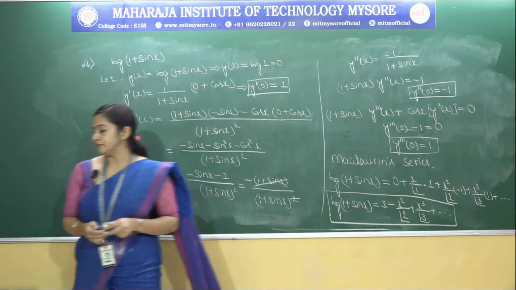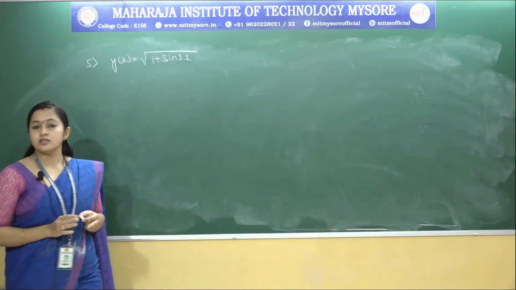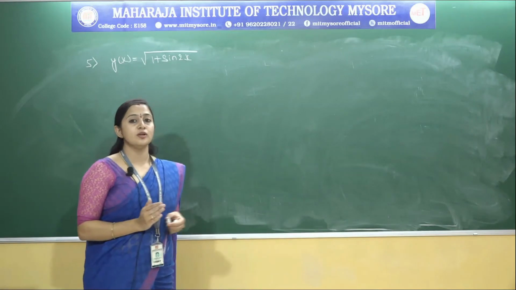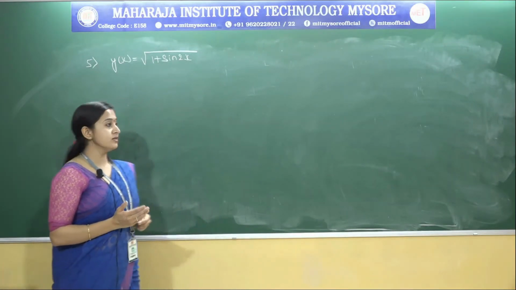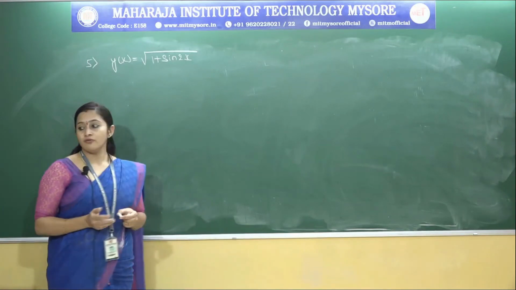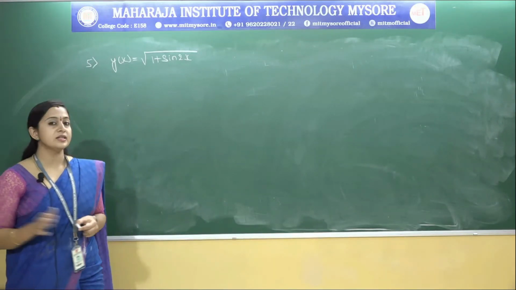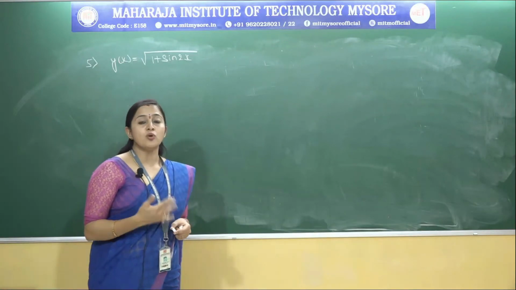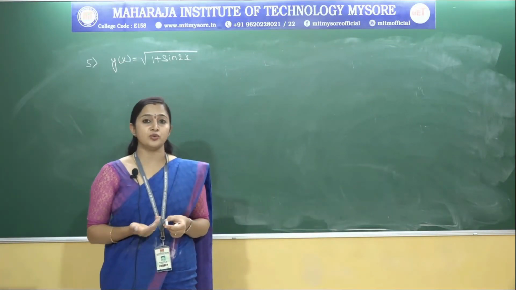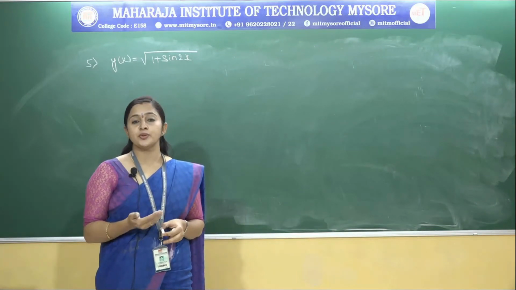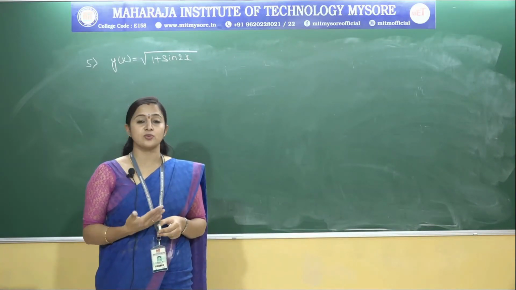The next problem, suppose they asked to find the square root of the given function, that is 1 plus sin 2x. So using the Maclaurin series, I consider the given term as y of x, it is 1 plus sin 2x. If it goes on differentiating, you know the square root of x differentiation is 1 by 2 root x. Again you will get the square root, and for the next differentiation also you will get the square root.